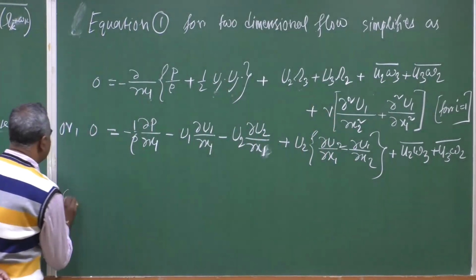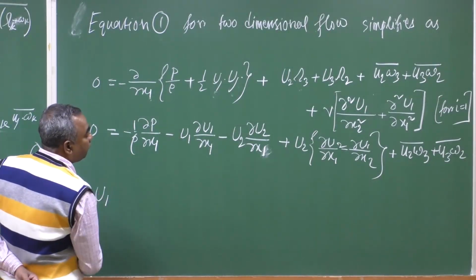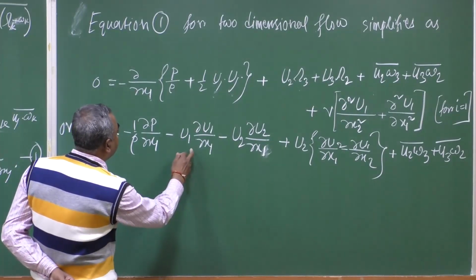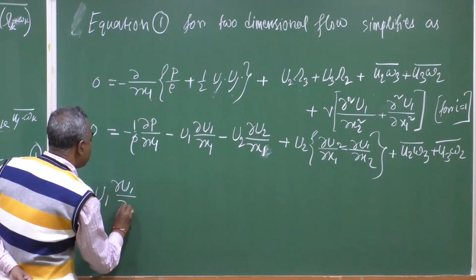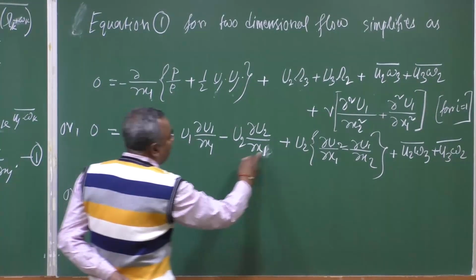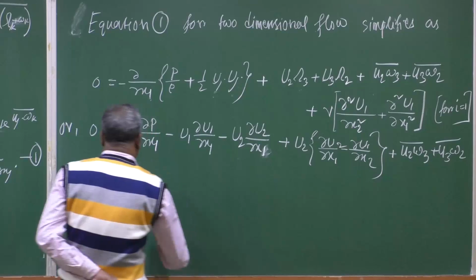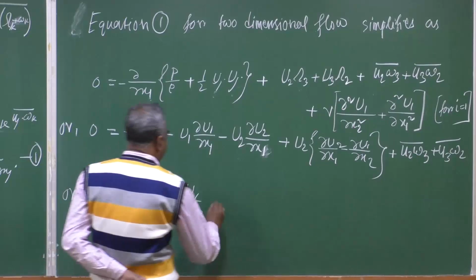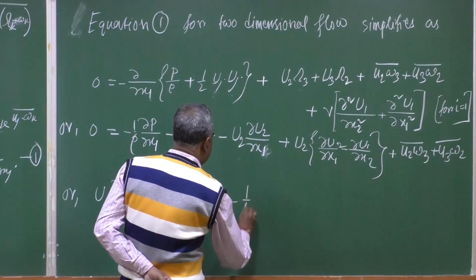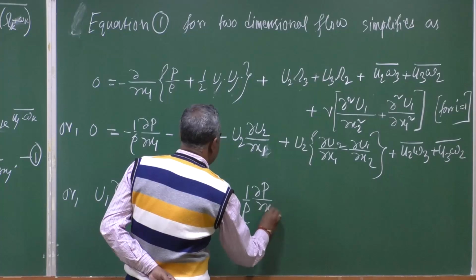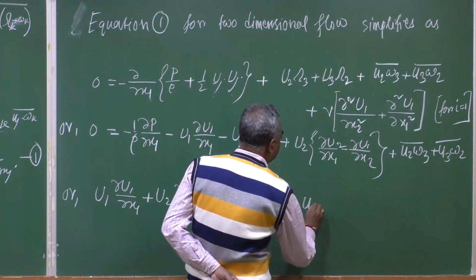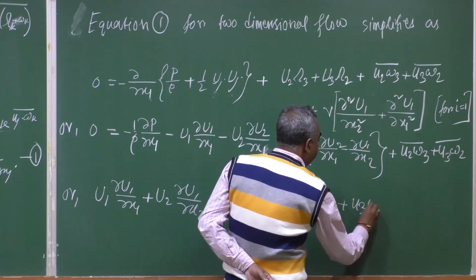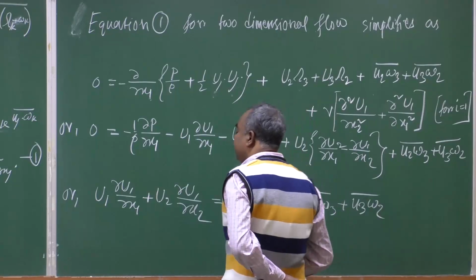So, that means our equation simplifies as u 1 del u 1 del x 1 plus this term and this term will cancel out, we will be left with this term and that is u 2 del u 1 del x 2 equals to del p del x 1 plus these two terms omega 3 u 3 omega 2 bar, neglecting the viscous term.